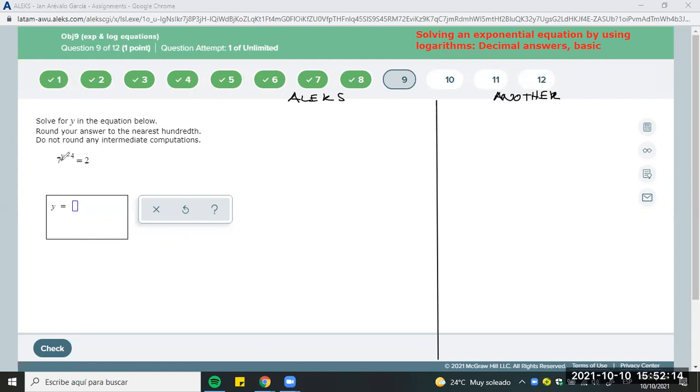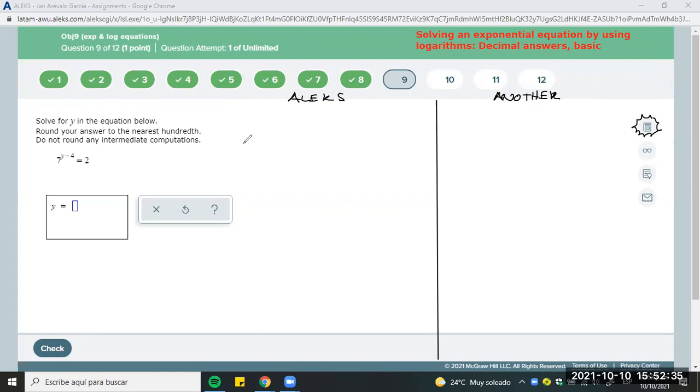So we have 7 elevated to the y minus 4 exponent, and that equals 2. We want to find the value of y that makes this equation true. And what we're going to do first, as Alex suggests, is we're going to have to use the calculator eventually.